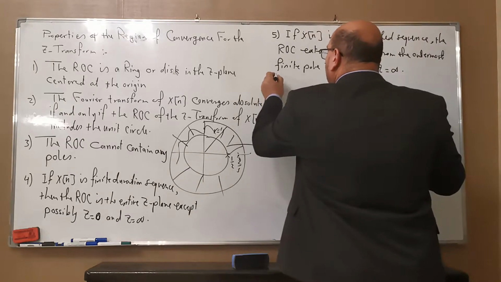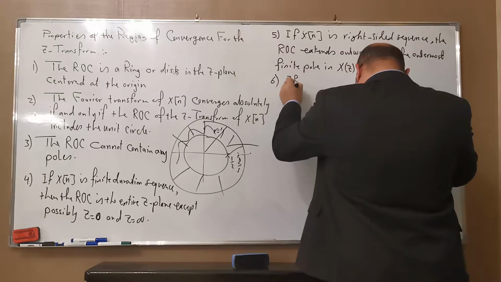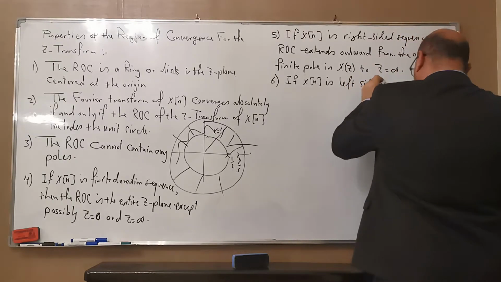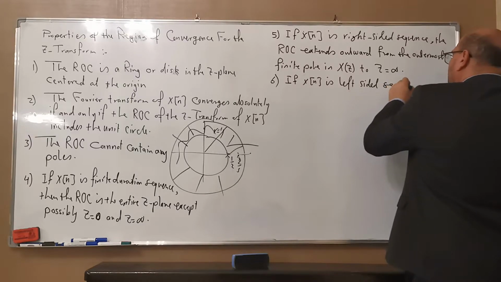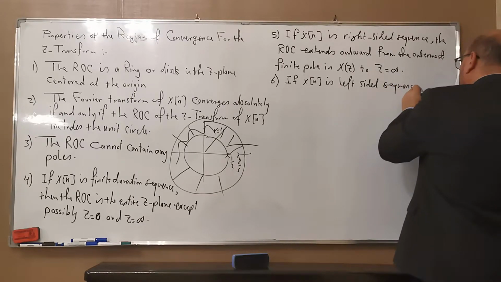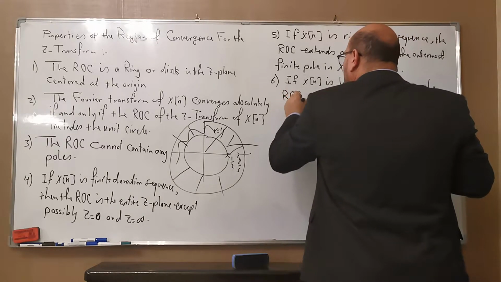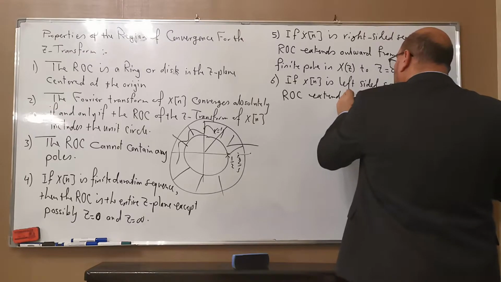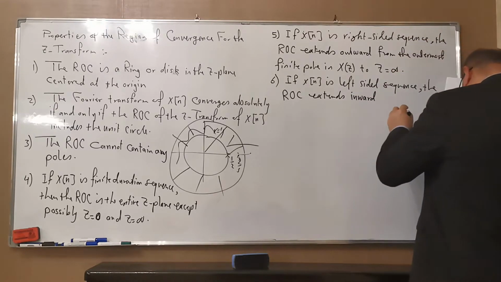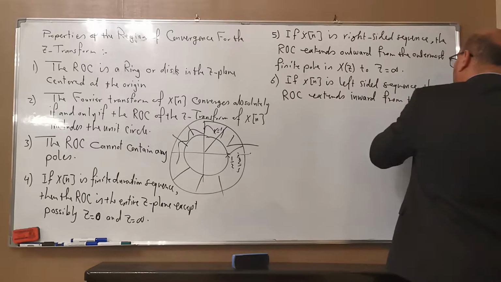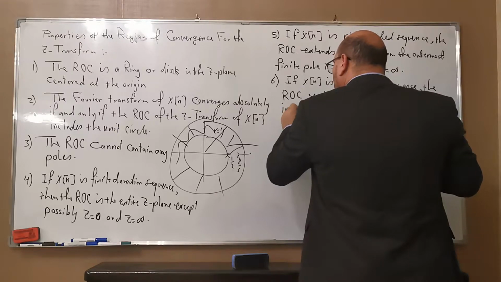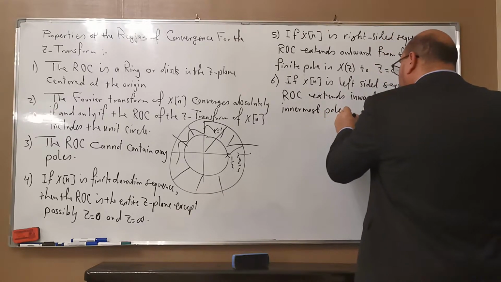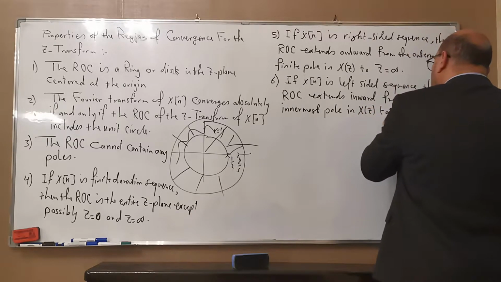Okay, 6, the opposite. If x of n is left-sided sequence, the ROC extends inward from the innermost pole in x of z to z equals 0.